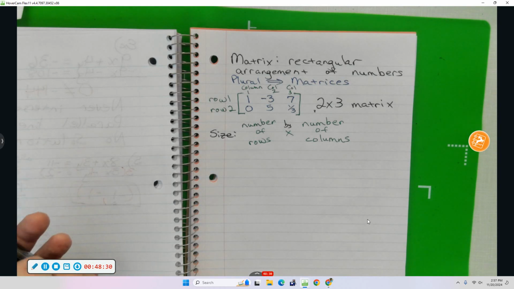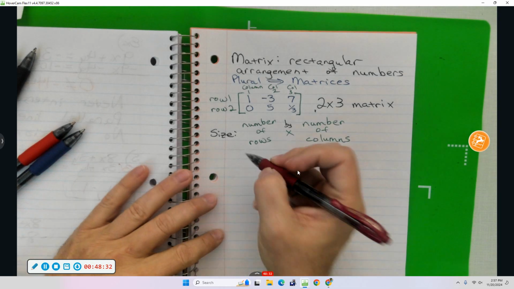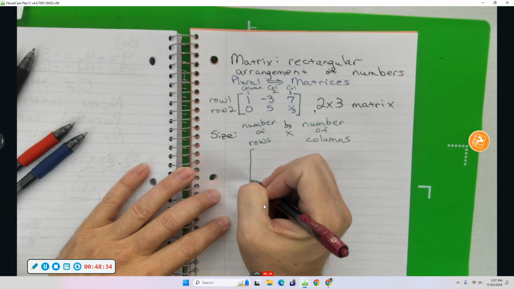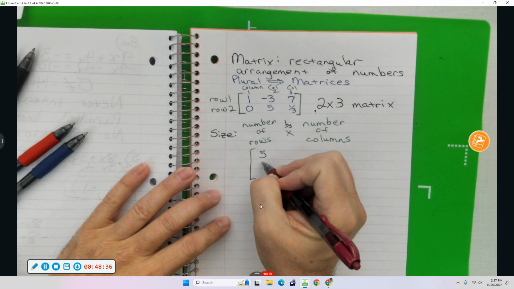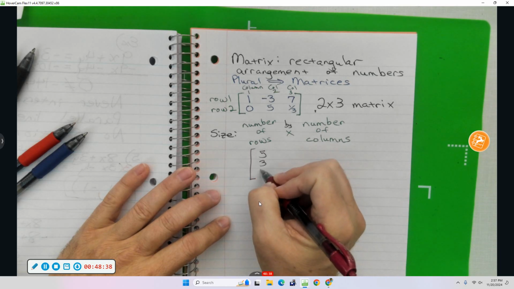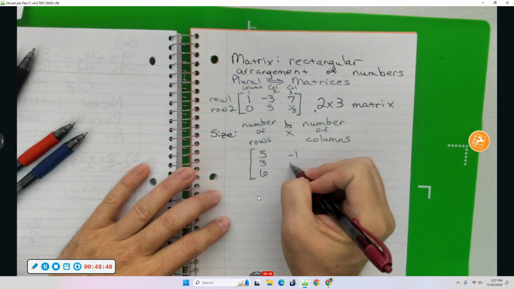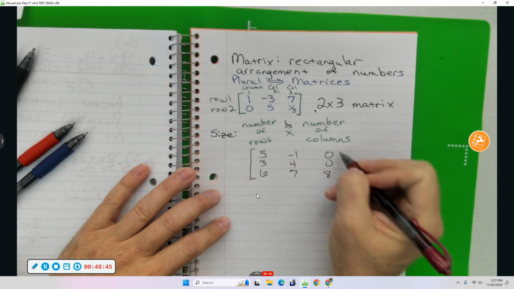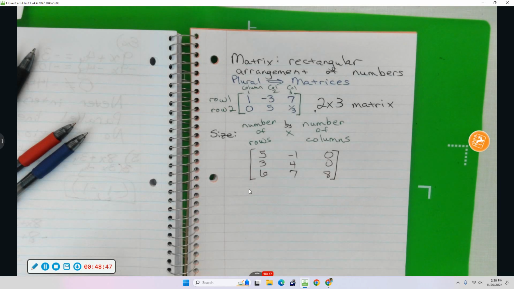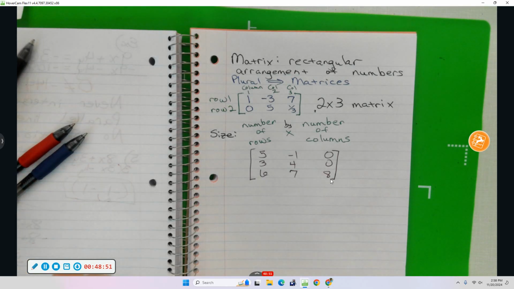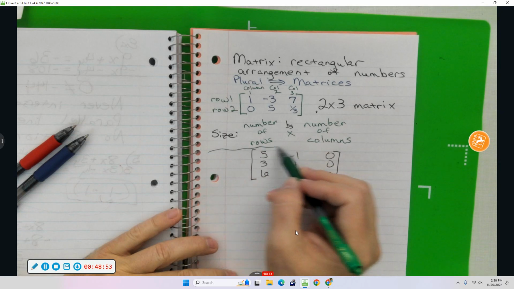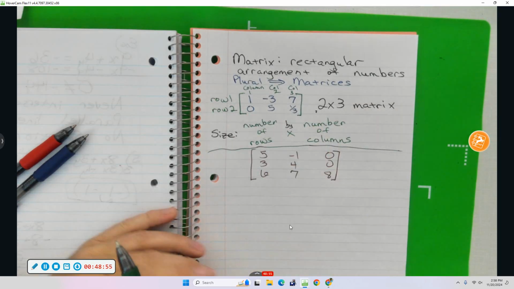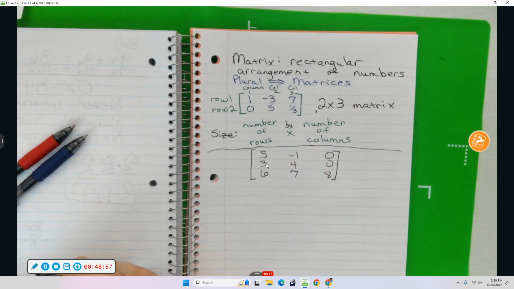Here's another example of a matrix. Let's consider this matrix. How many rows do we have here?